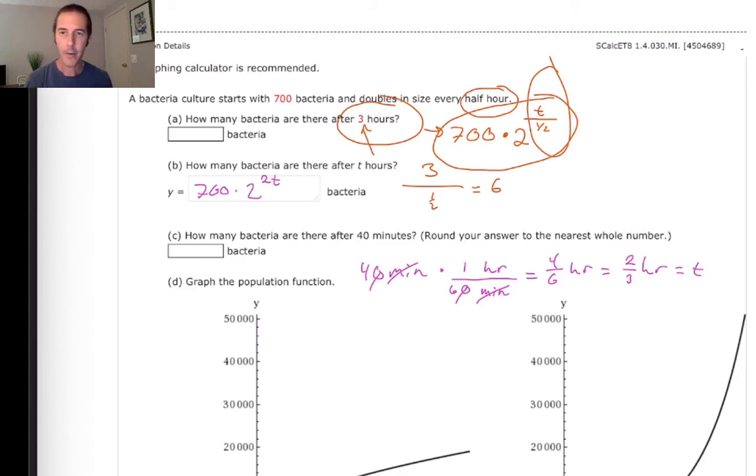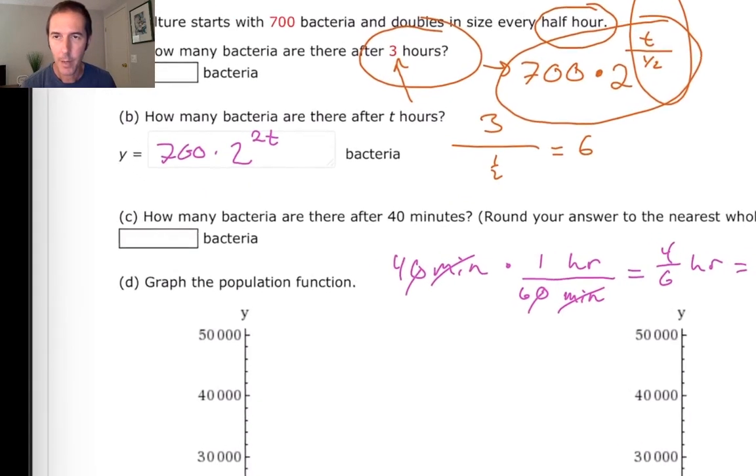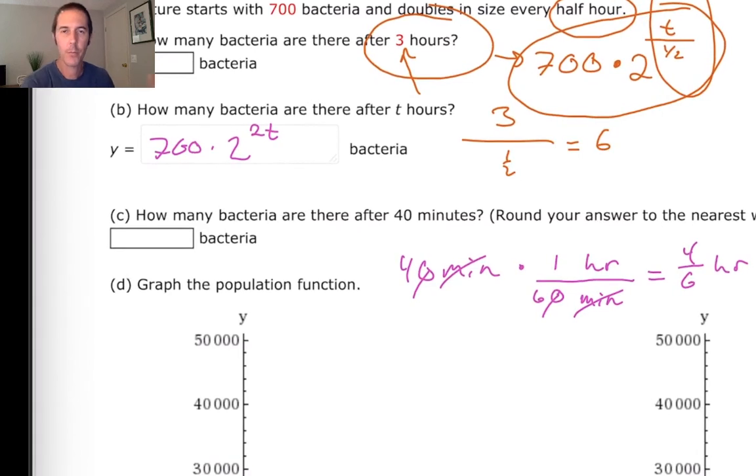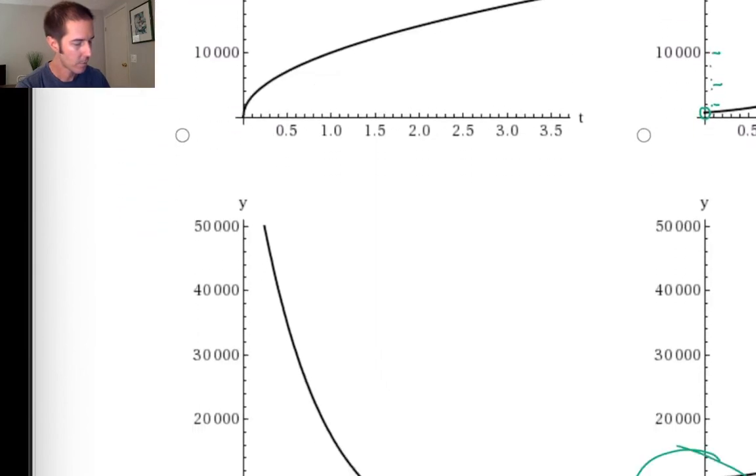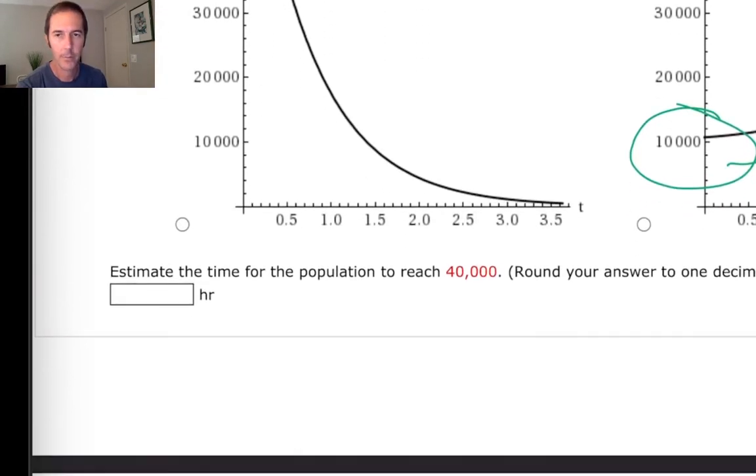The y value in that function is the population. Sometimes that would be represented as capital P of t, population at time t. The left-hand side of this equation needs to be, we need to replace the y value with 40,000. And then you need to solve the equation for t.